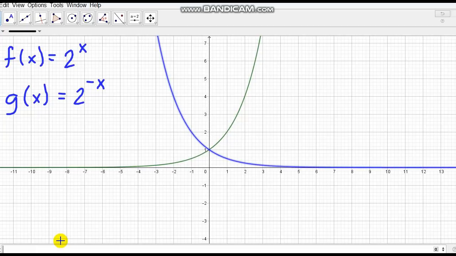As you can see here, the new graph faces the opposite direction. The original graph increases, while this one decreases. It's mirrored to the original graph along the y-axis. That's the effect whenever the exponent becomes negative: it gets reflected across the y-axis.